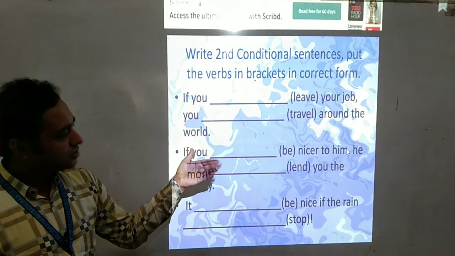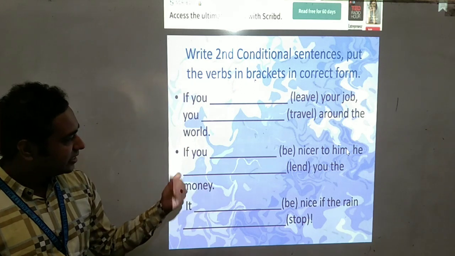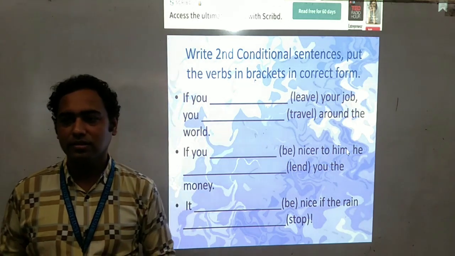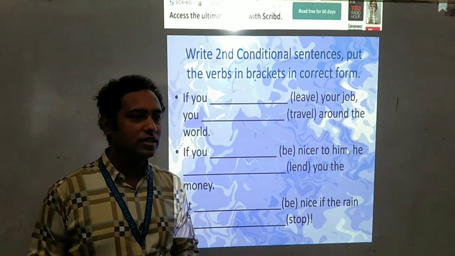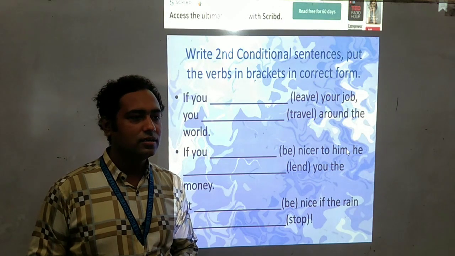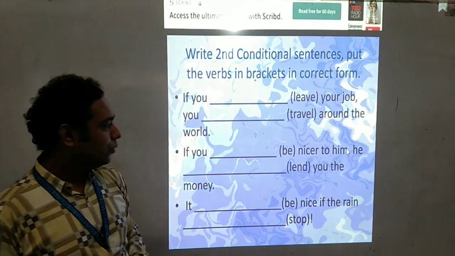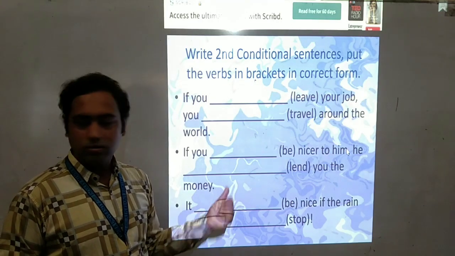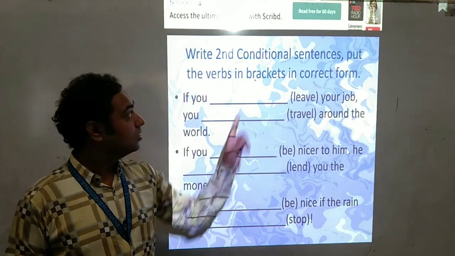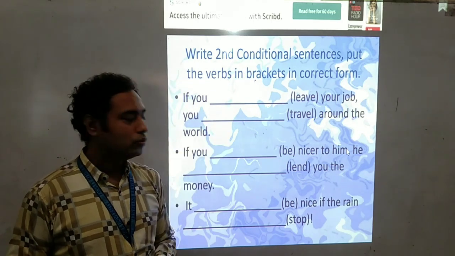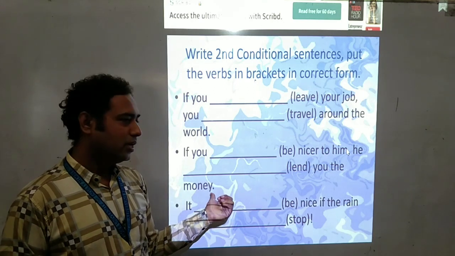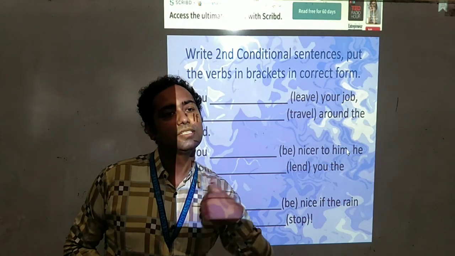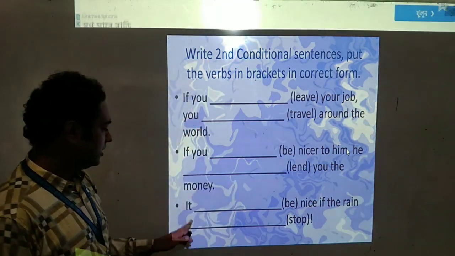If you be nicer to him, he lend you the money. What's the auxiliary? Excellent. If you were nicer to him, he would lend you the money. Second condition. Borrow means take, lend means give. Next one.